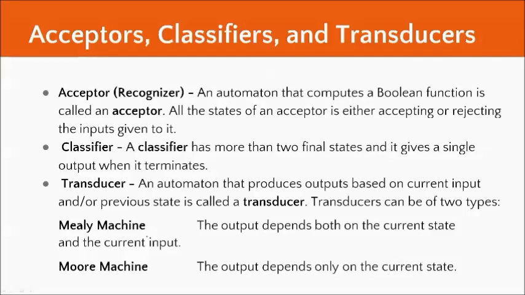A transducer is an automaton that produces output based on current input and previous state. There are two types of transducer: the Mealy machine and the Moore machine. In the Mealy machine, the output depends both on the current state and the current input. In the Moore machine, the output depends only on the current state.